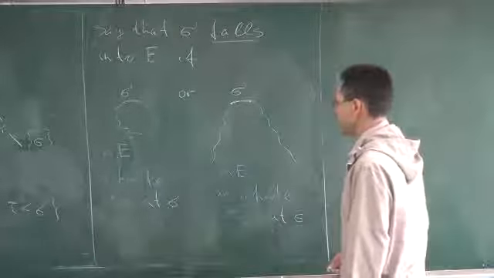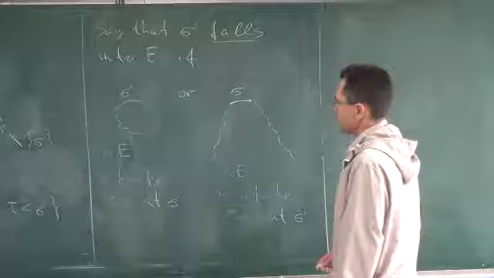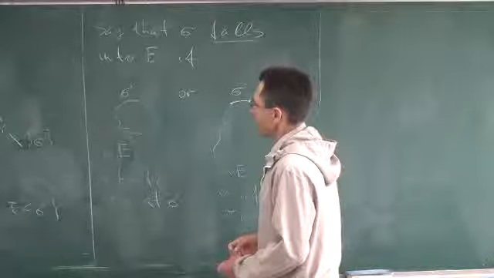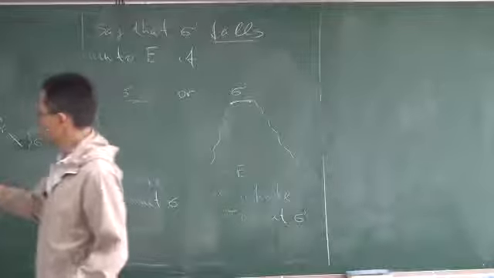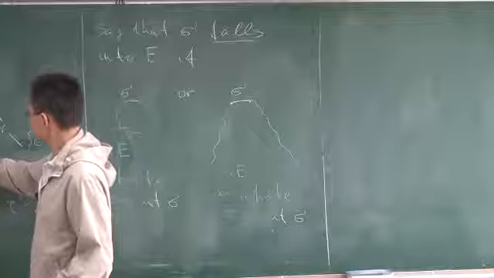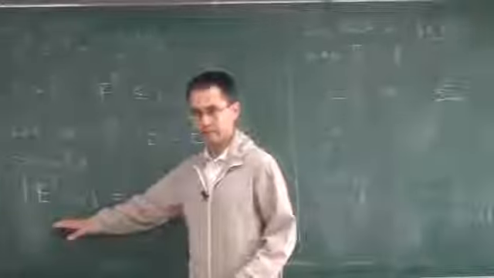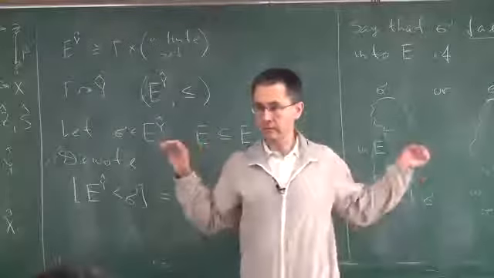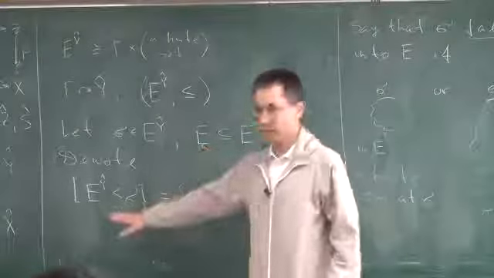So it's a vein. And what is this E? Now we take this E to be this set. So this is a general definition for any E, right? But now I'm taking E to be this set.